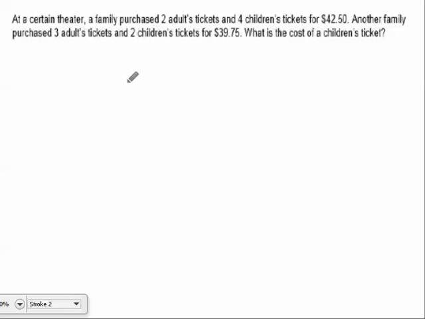Okay. At a certain theater, a family purchased 2 adult tickets and 4 children's tickets for $42.50. Another family purchased 3 adult tickets and 2 children's tickets for $39.75. So they're wanting to know the cost of the children's tickets. So let's work this out. 2 adults plus 4 children's equals 42.50.